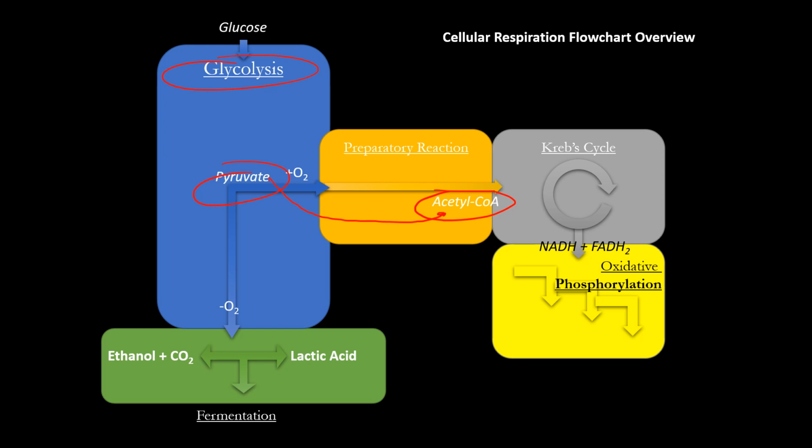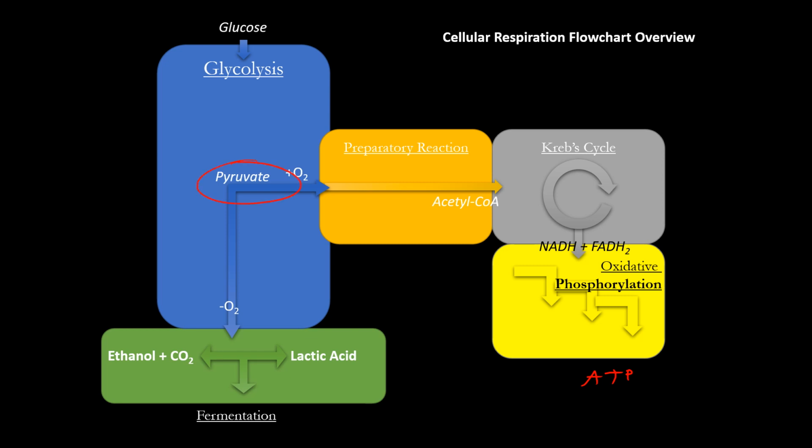Then that goes away in the Krebs cycle, and all that's left is the energy latent in the NADH and the FADH2 that we want to track, that we're then going to pump into oxidative phosphorylation.